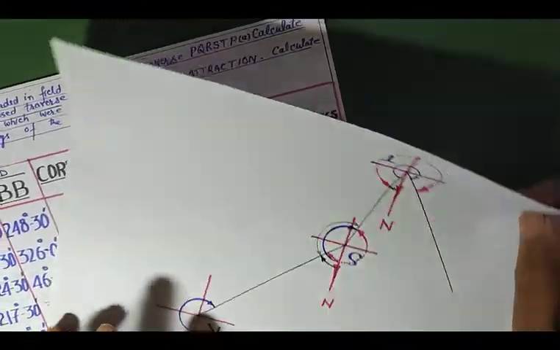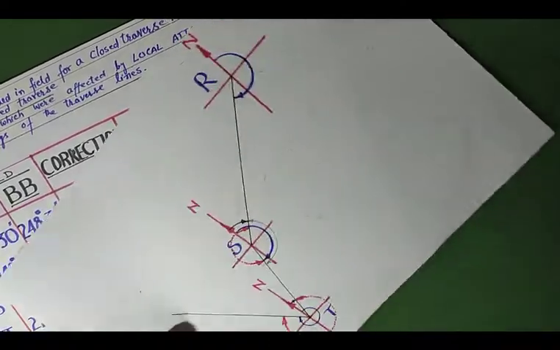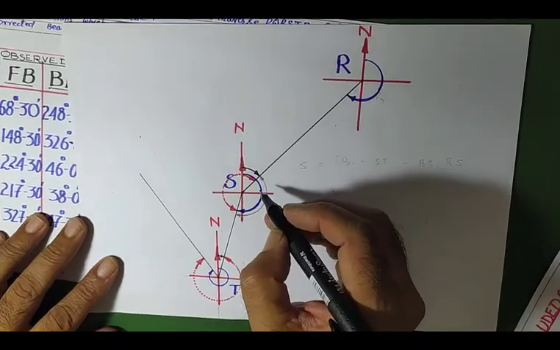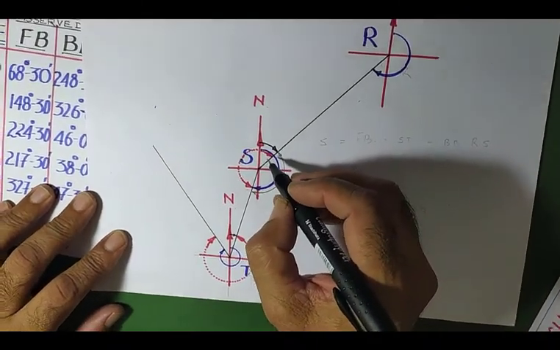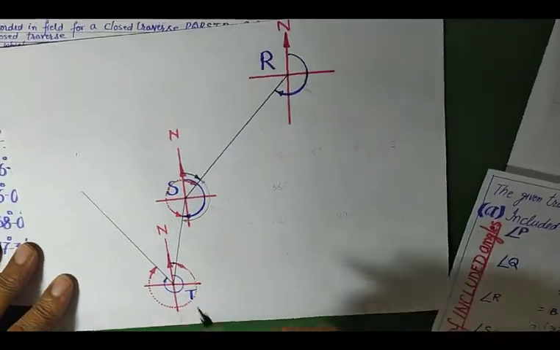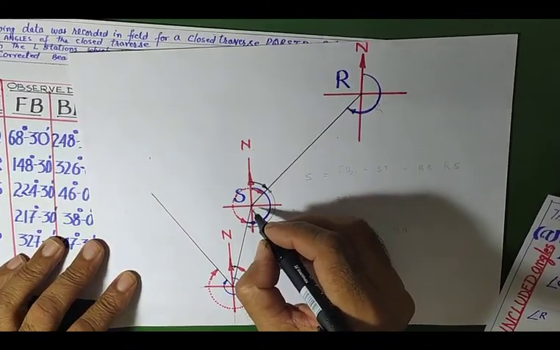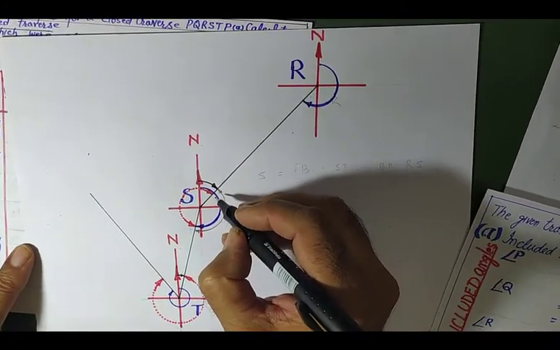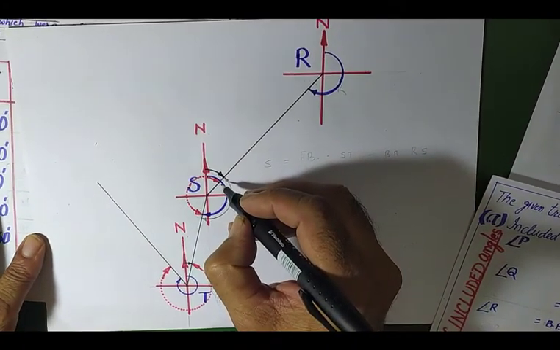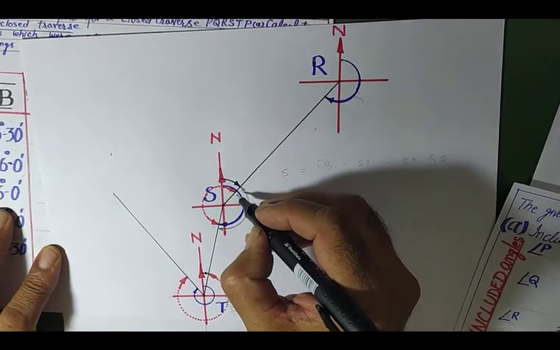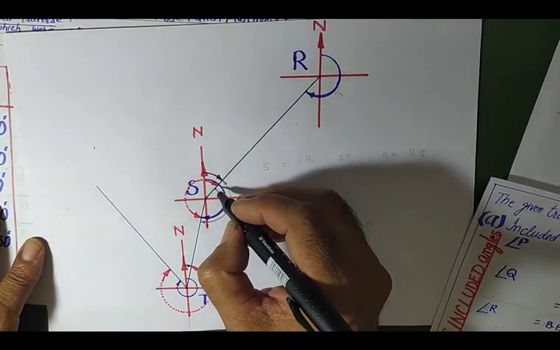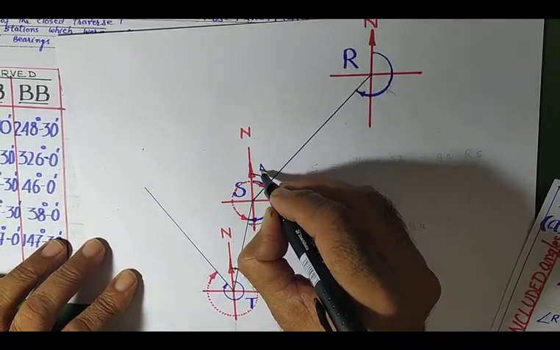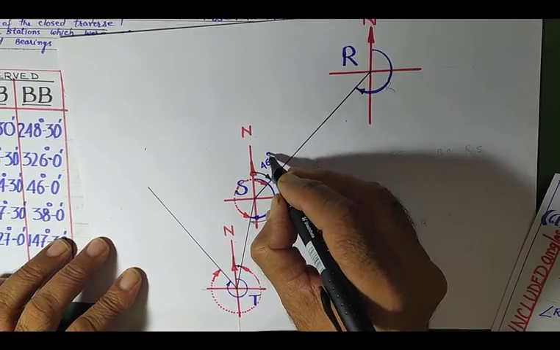So we are going to calculate the angle S. See over here. If we take the same formula, the back bearing of the previous line, this angle. For the calculation of angle S, the back bearing of line RS is 46 degrees.